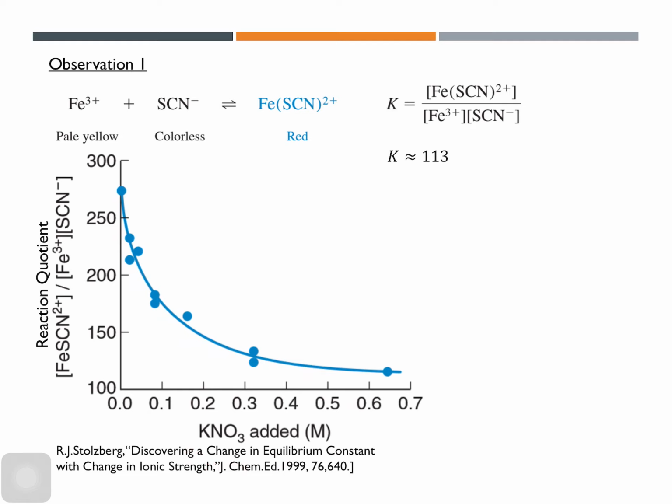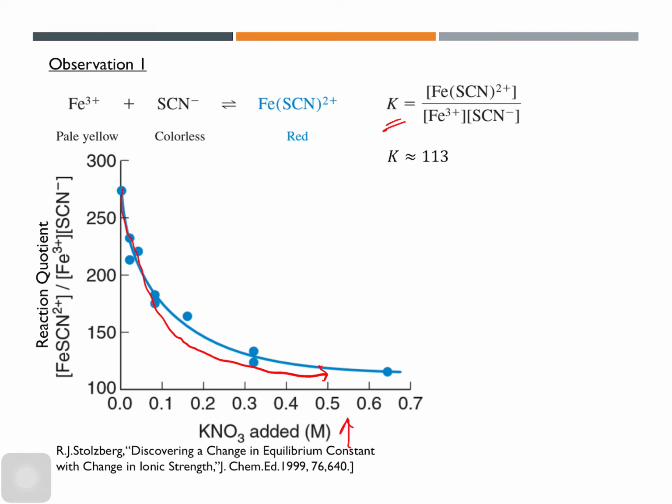So as you can see, do you think potassium nitrate has an effect on the equilibrium constant? Obviously it shouldn't, but looking at this experiment, the reaction quotient decreases as you increase the diverse ions.